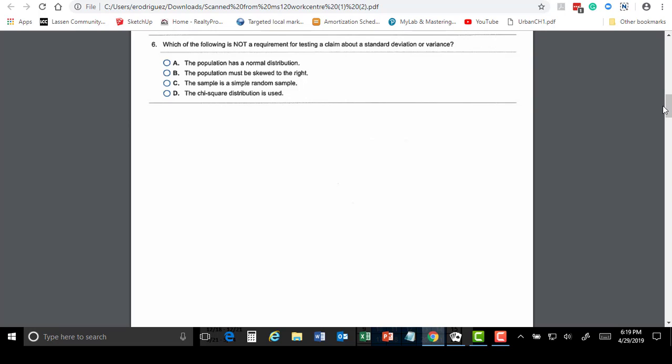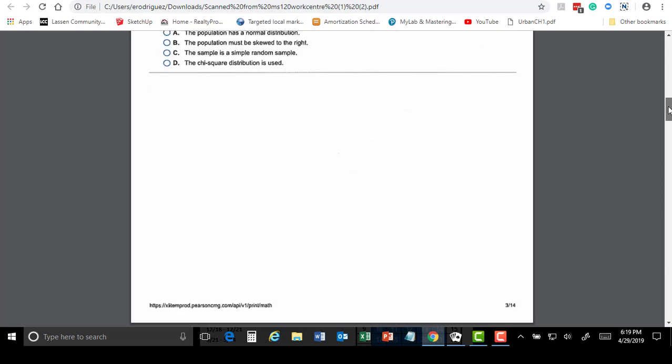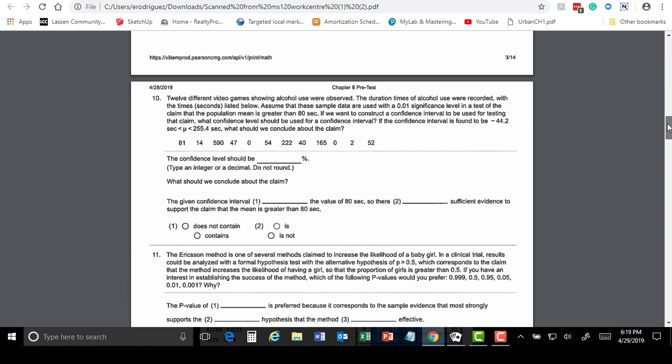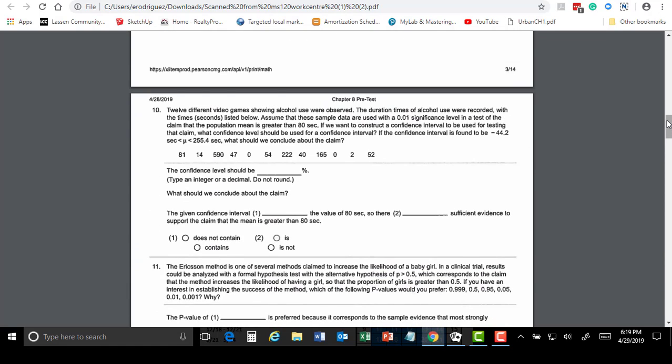I'll pull it up because you have area to the right of the critical value, and that's how it's adding up. So let's see if we can set one of these up. I already did that one. Let's see if it's got another one, because we didn't actually do a chi-square.